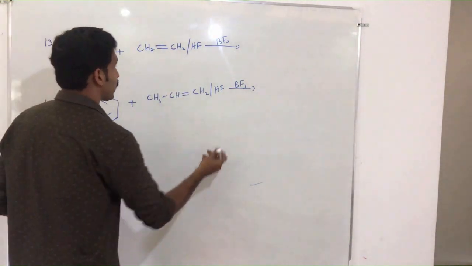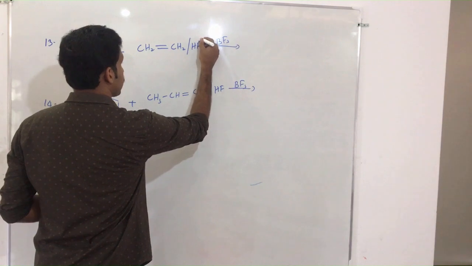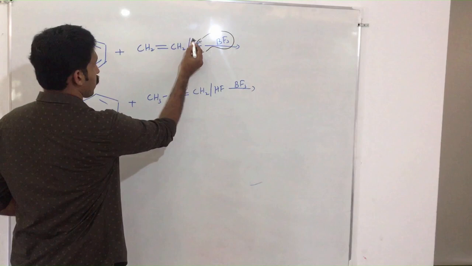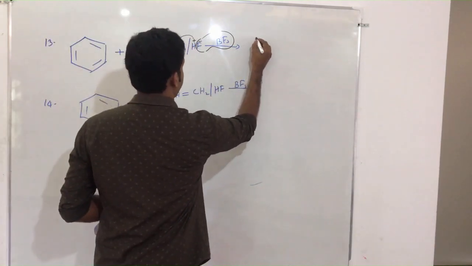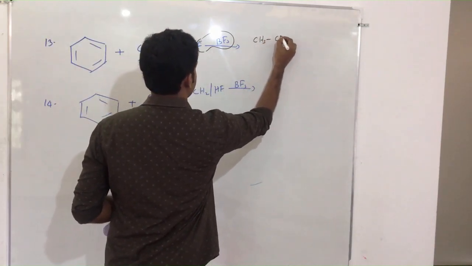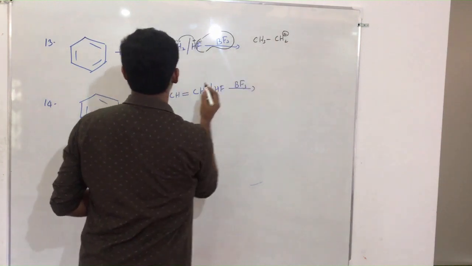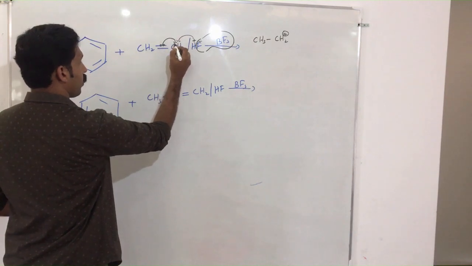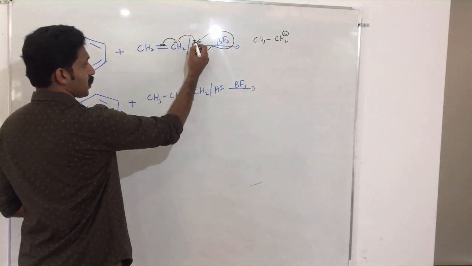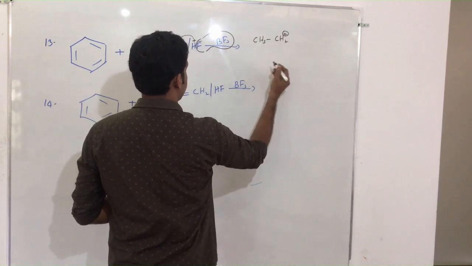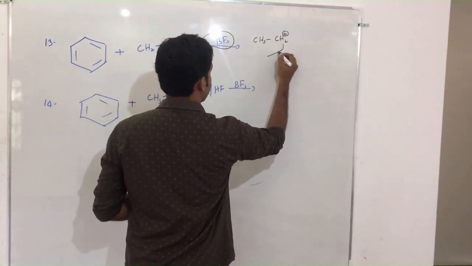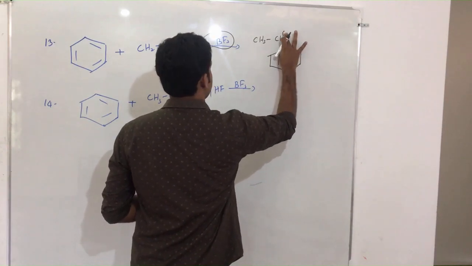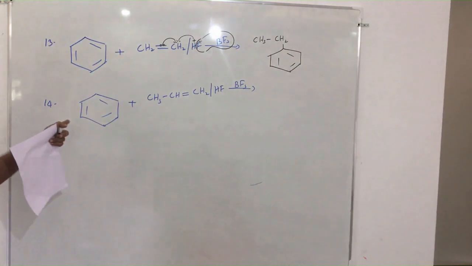The mechanism is that F minus is abstracted by BF3, so H plus is formed, and that H plus attacks here. The two electrons go to here, so you get CH3CH2+. This will attack the benzene ring, and you will get the answer this way: ethylbenzene is the answer.